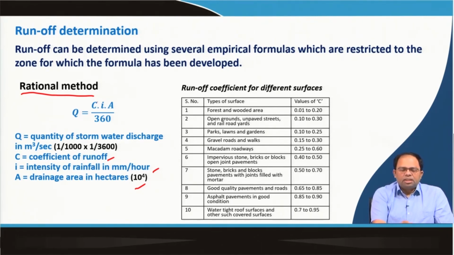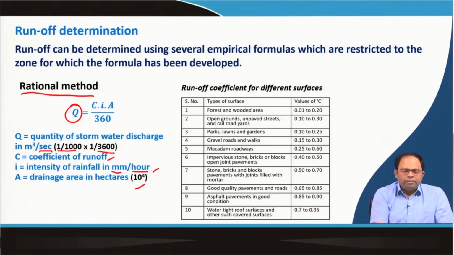So, this gives us the total volume, and then we divide by time. Time is given in hours, but when we determine the discharge, we determine it in seconds. That is why we divide by 3600, because we have to convert hours to seconds. This 1 by 1000 is because we are converting millimeter into meter.